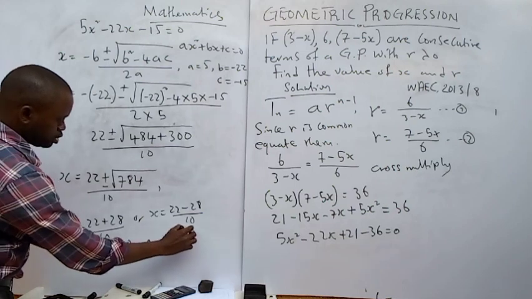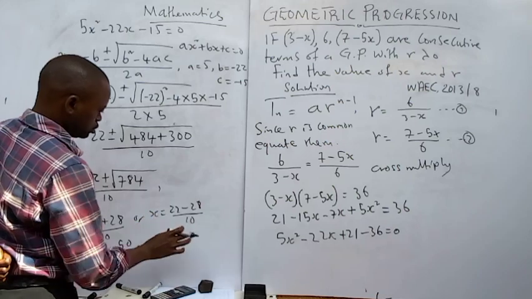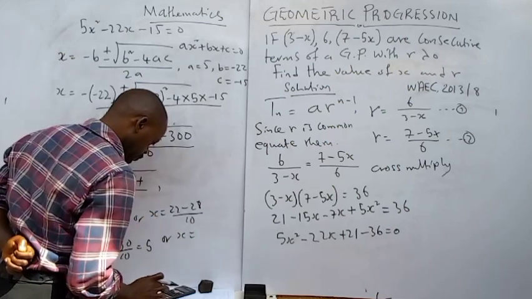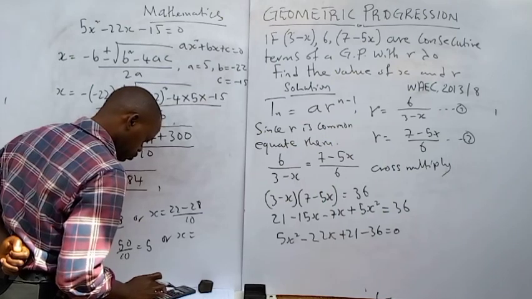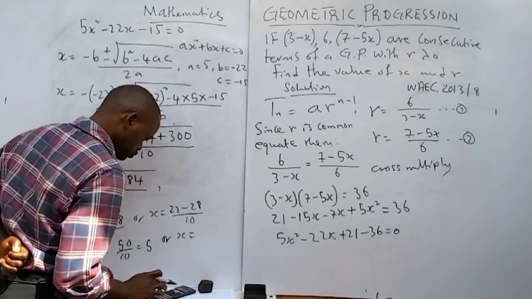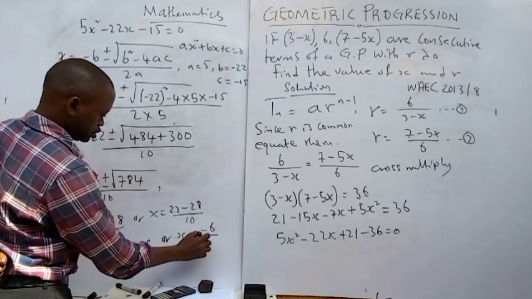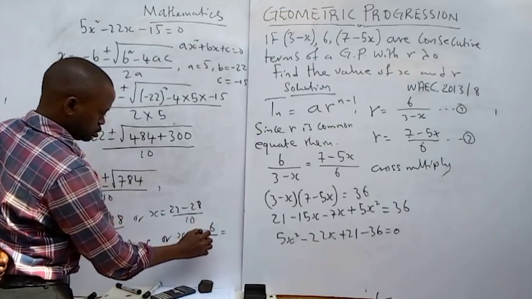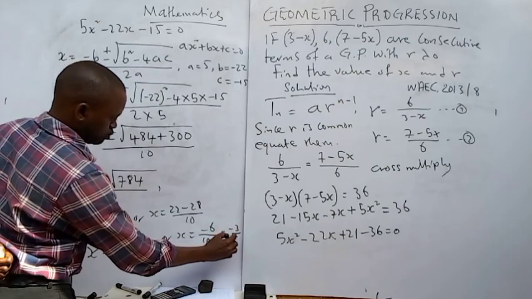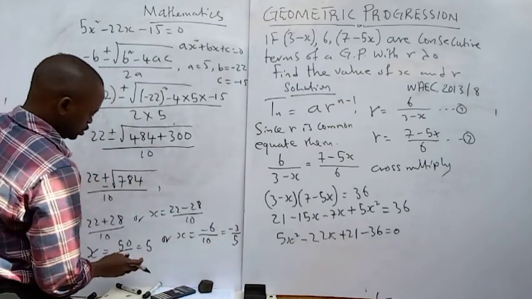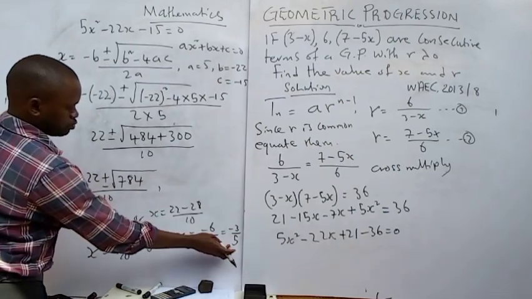Or x equals to this side, 22 minus 28. Even though it will be negative, I have minus 6 over 10, and if I reduce this, it will be minus 3 over 5. So it is either x is 5 or x is minus 3 over 5.